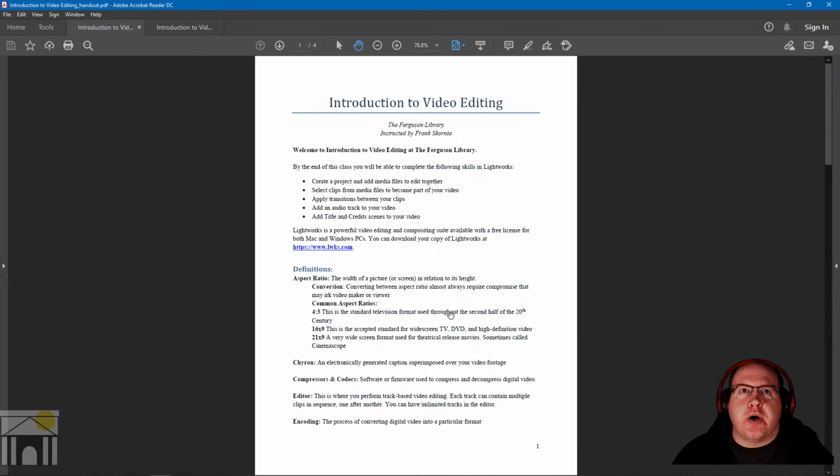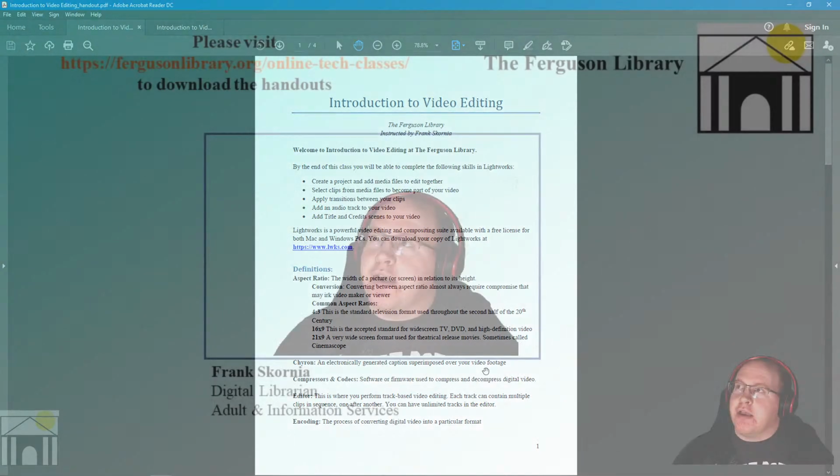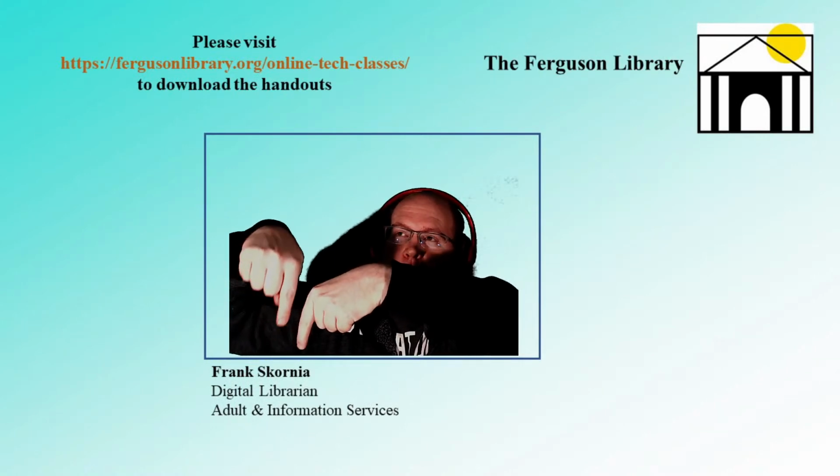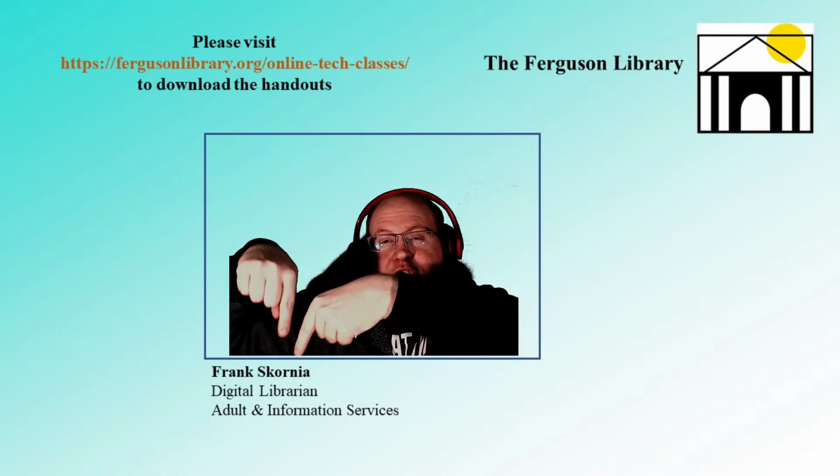Moving through our definitions here. A chyron is an electronically generated caption superposed over your video footage. A lot of fancy words. What a chyron really is, usually, is a title or text that shows up at the bottom of the screen. A good example, let me go back to my face cam here: the little section underneath my name is a chyron.